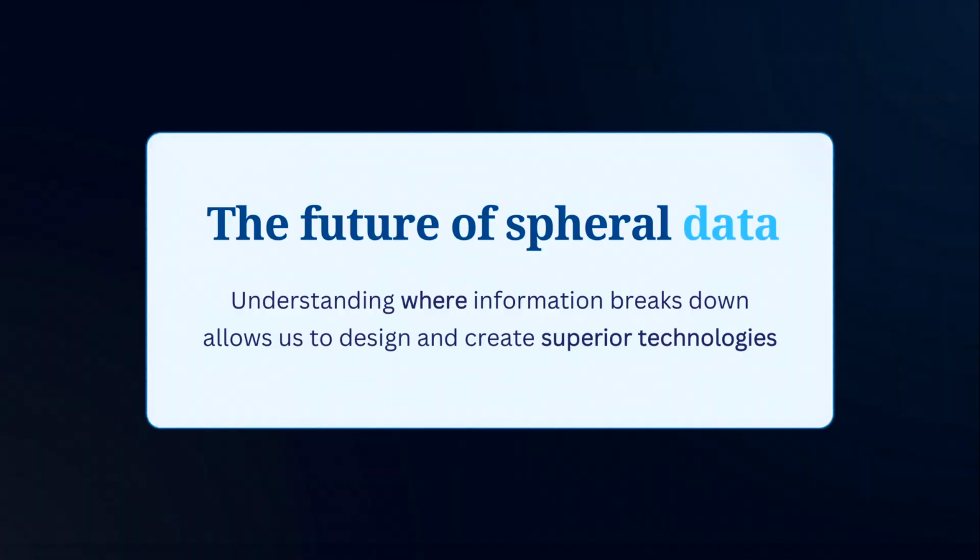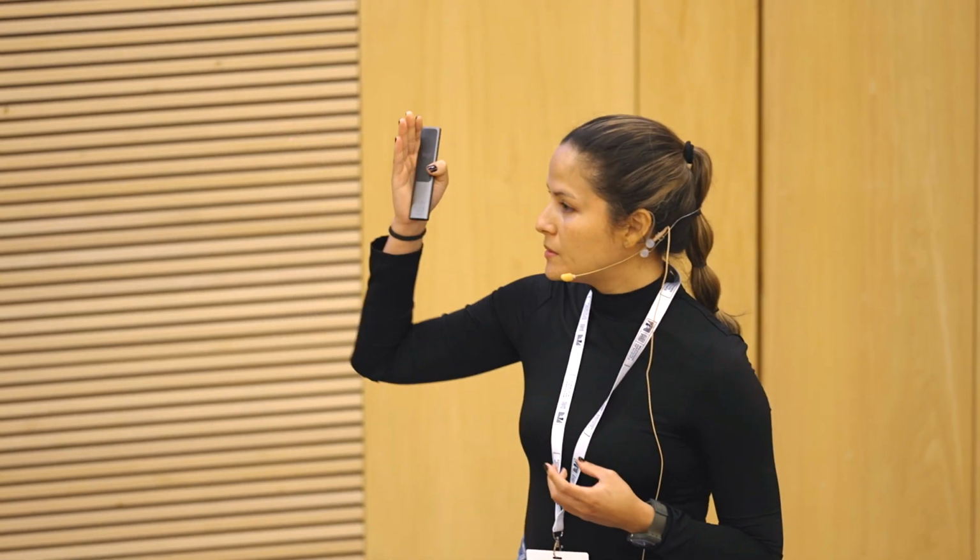Thereby, understanding when information breaks down allows us to design and create superior technologies. When the shape of the world or a piece of the world describes the rules, we know about it perfectly, efficiently. So the geometry of the space is the geometry of the information.